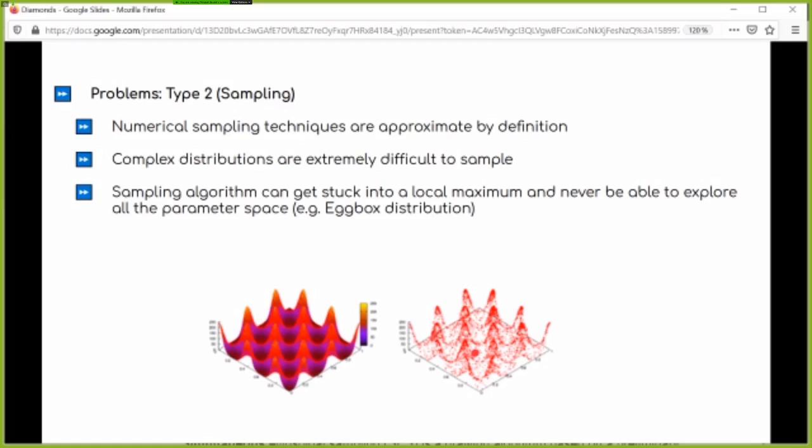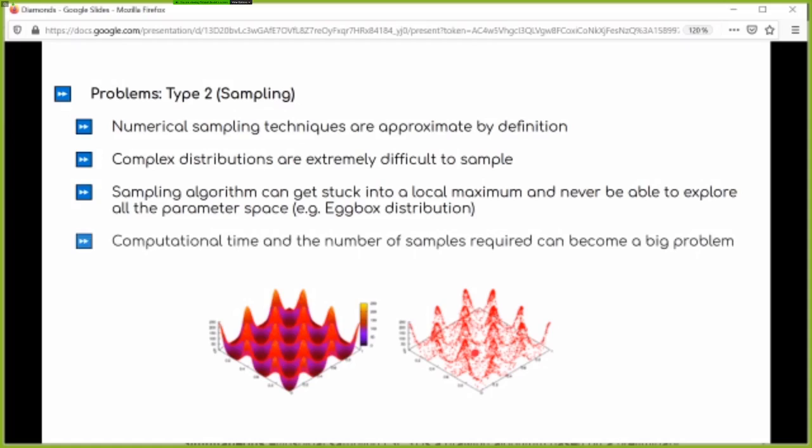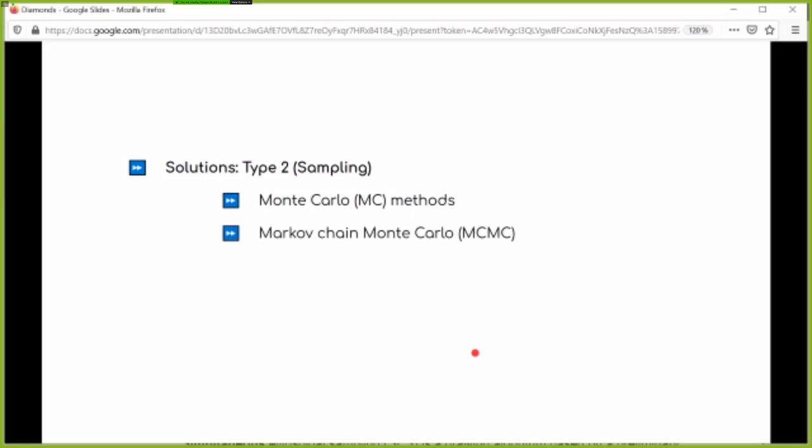And computational time and the number of samples required can become a big problem. So we need solutions, and there are three possibilities. The first one is the typical Monte Carlo methods, then the well-known and well-used Markov chain Monte Carlo, MCMC, and the one I'm dealing with in this presentation, nested sampling Monte Carlo, NSMC.